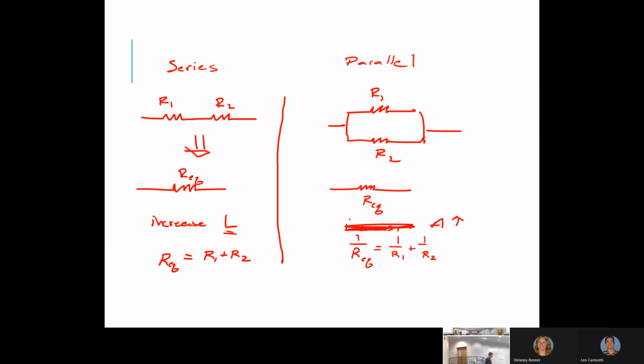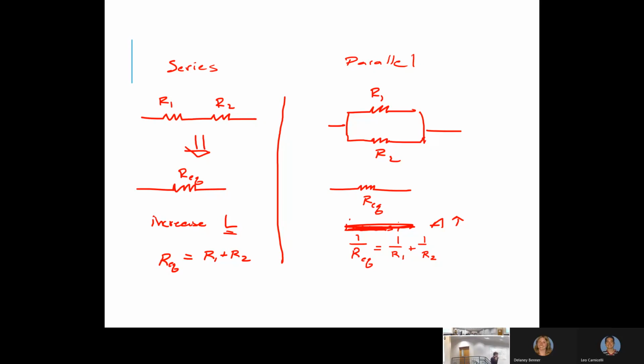So of course, this is the exact opposite kind of relationship that you see with capacitors, which means it's the exact opposite kind of relationship you would see with springs as well. And so I said, springs in series and parallel follow the same kind of idea. Capacitors in parallel follow the same idea. Resistors in parallel and series are the opposite idea. I'm trying to think of where else you would see this.